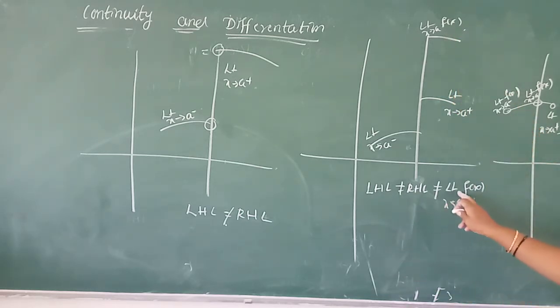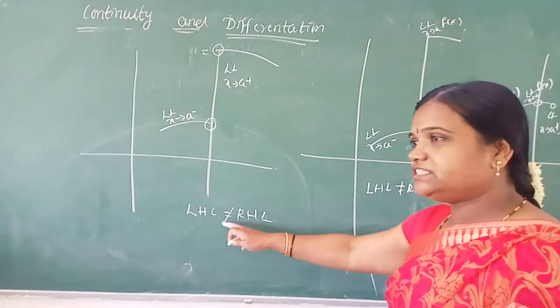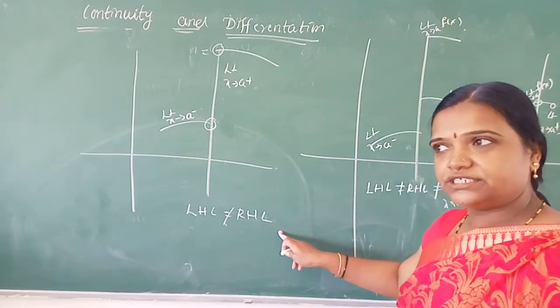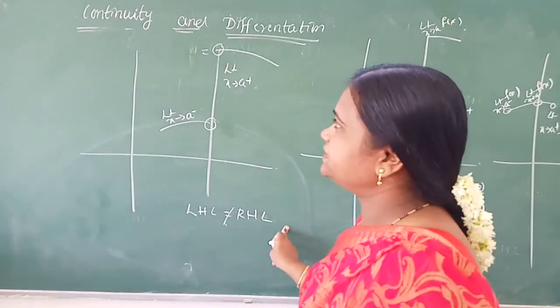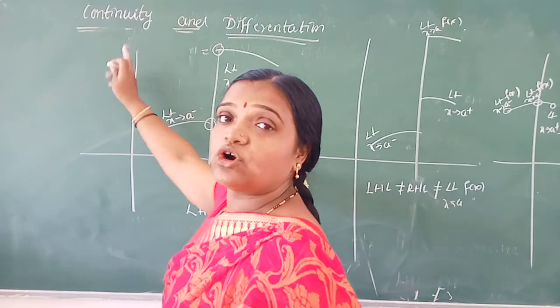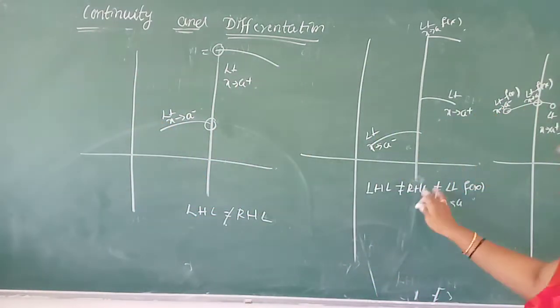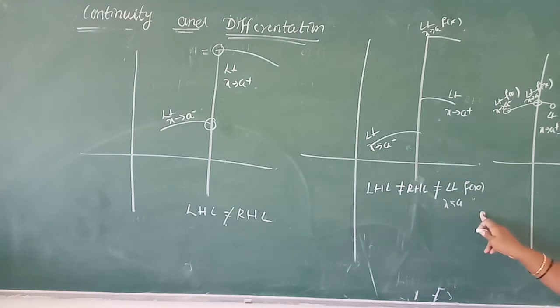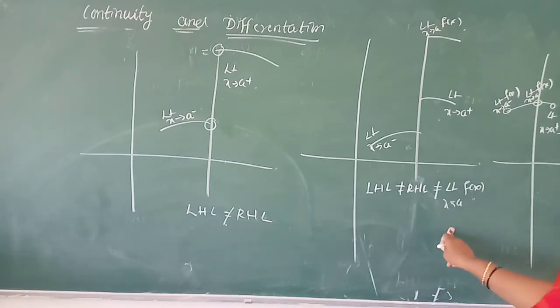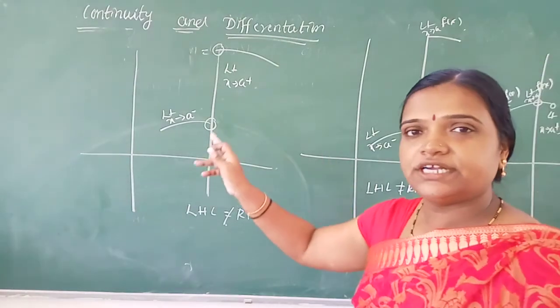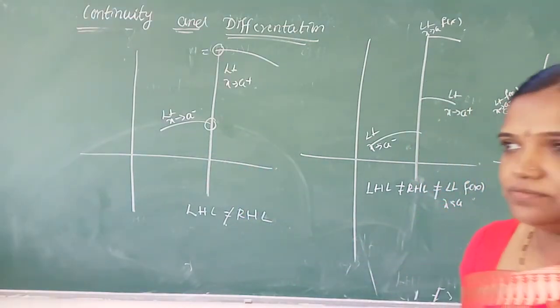In all three cases, they are not equal. Have you understood? If LHL is not equal to RHL, and they are also not equal to the given function value, then we say that it is not a continuous function.